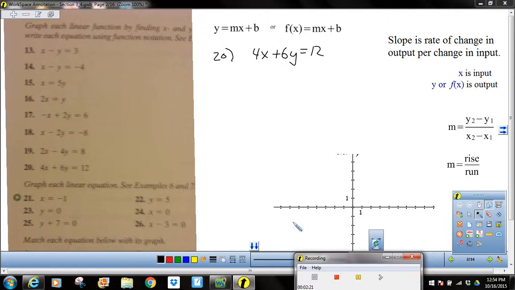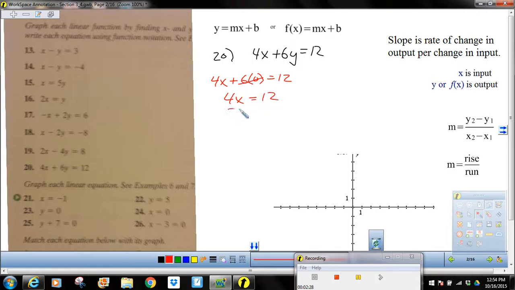On number 20, we're going to find x-intercept and y-intercept just like before. On the x-intercept, we'll let y equal 0. It looks like x is 3, so my x-intercept is 3.